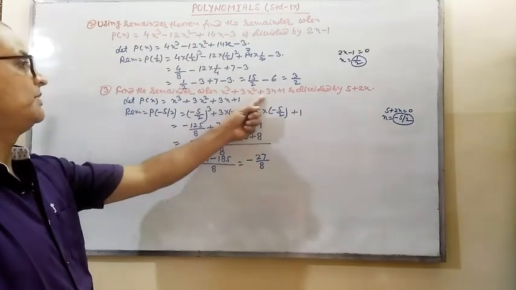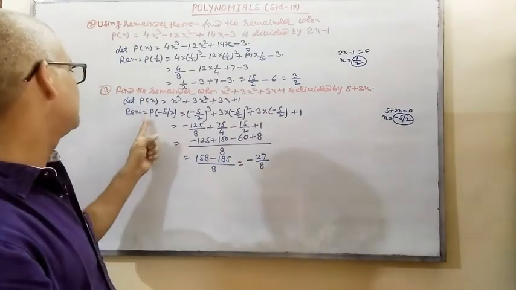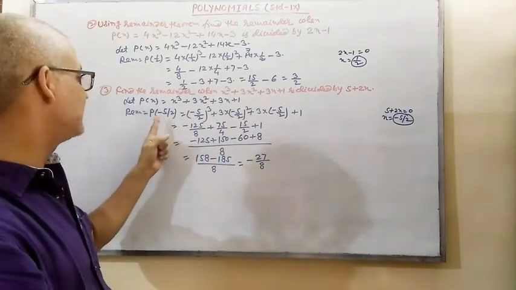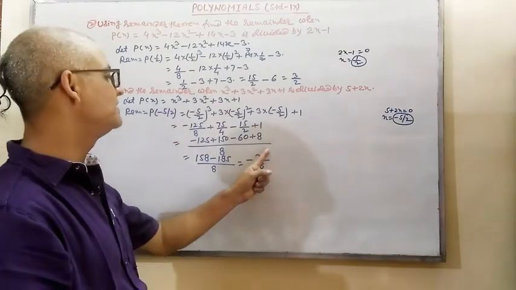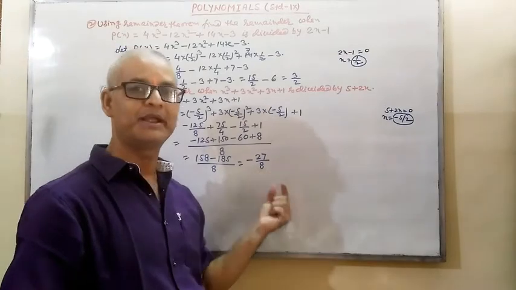So when this polynomial is divided by 5 plus 2x, then the remainder is p(minus 5 by 2), and that is equal to minus 27 by 8. So our remainder is minus 27 by 8.